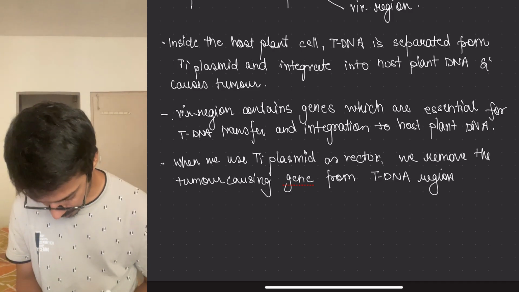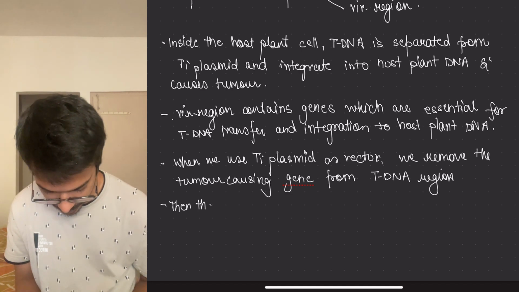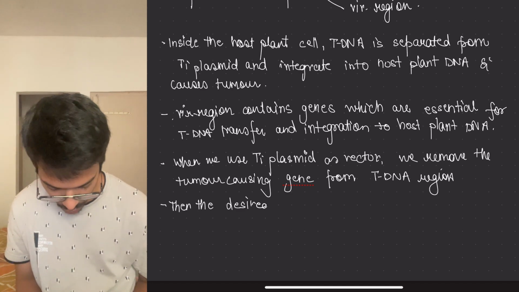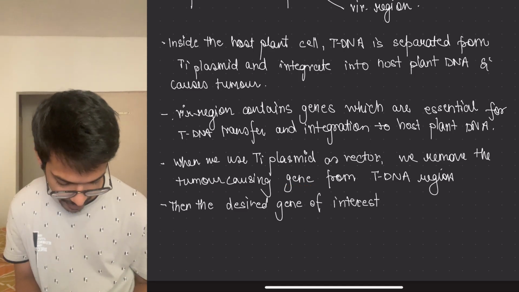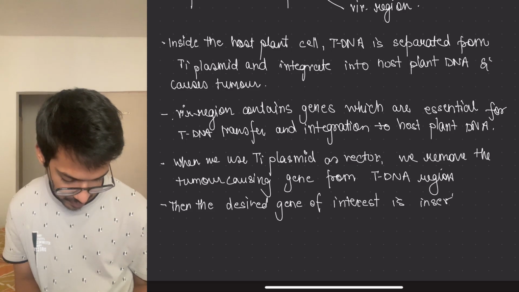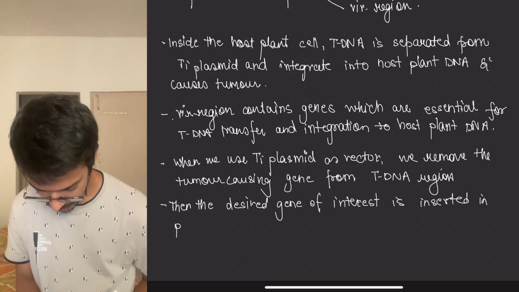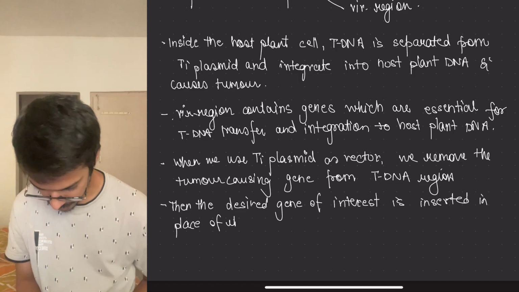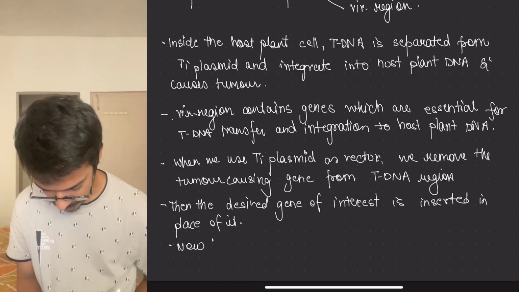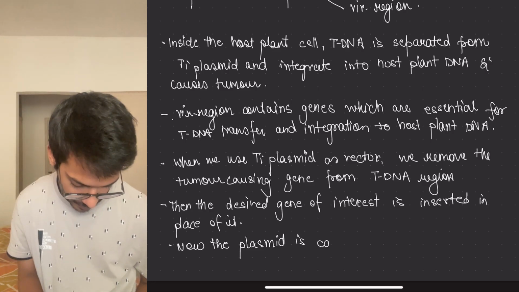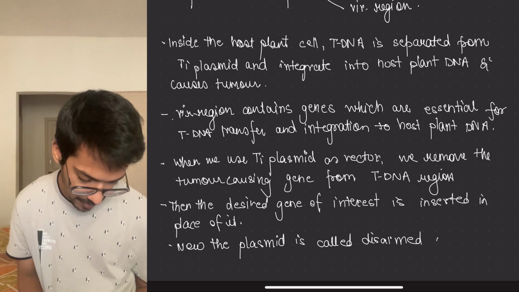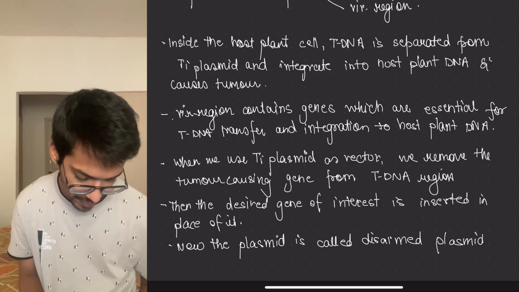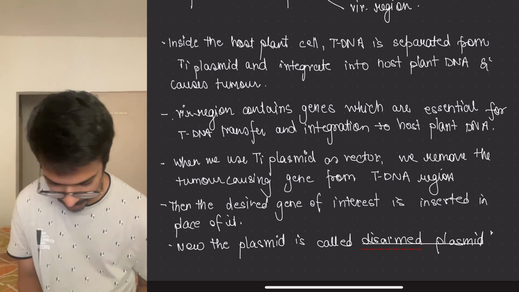Okay, so then the desired gene of interest is inserted in place of it. Now the plasmid is called disarmed plasmid, because it does not have its weapon of causing tumor.